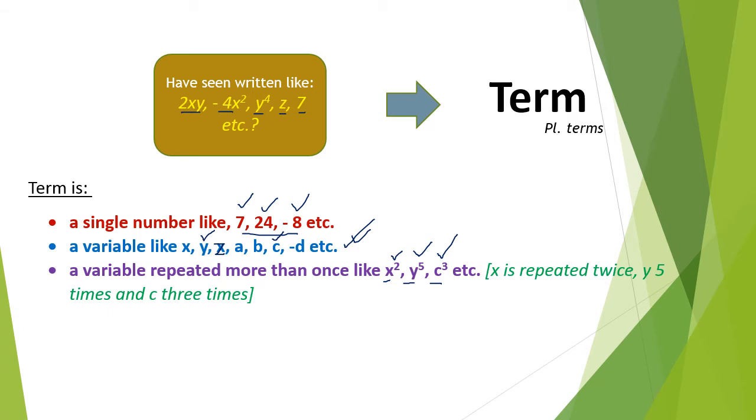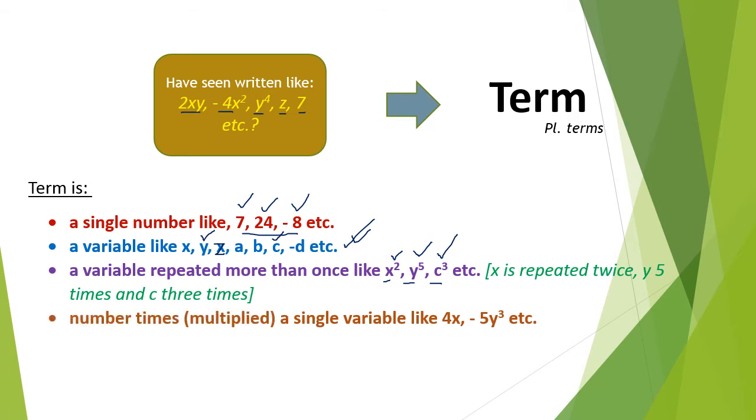And a variable repeated more than once, like x square, y to the power 5, c to the power 3, are also terms. And another: you can see a number multiplied with a single variable, like 4x or minus 5y, etc.